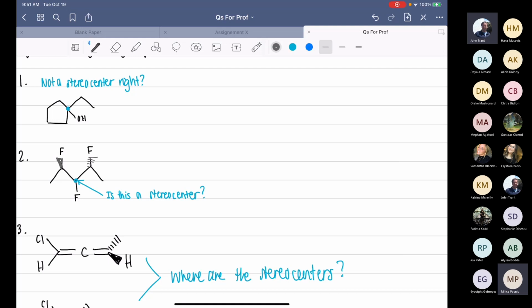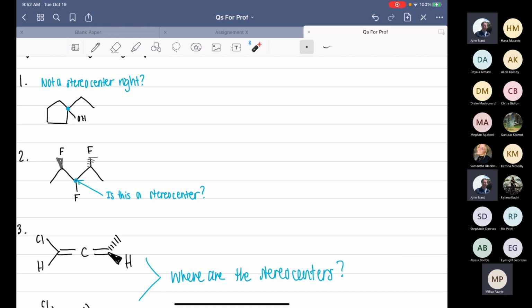Yeah, I don't think under any circumstances it can be a chiral center. Okay, yeah, I just didn't know whether it was a stereo center based on what we learned in class, because this was the same and this chain is the same and this chain is the same. And if one is R and one is S, they are actually different, but you would have internal planes of symmetry. And if both are R, they're the same, but the molecule is chiral. But I don't think it matters. I don't think you can name that middle one R or S if they're both R. There's no way to do it.